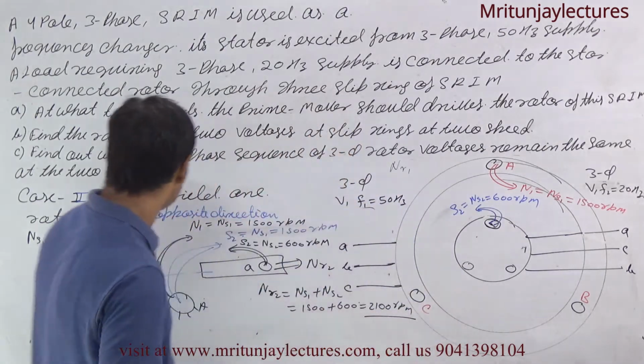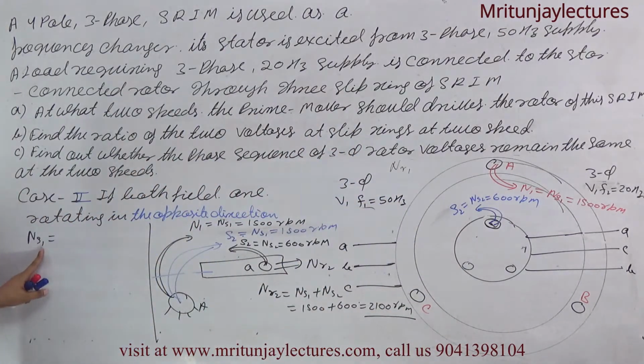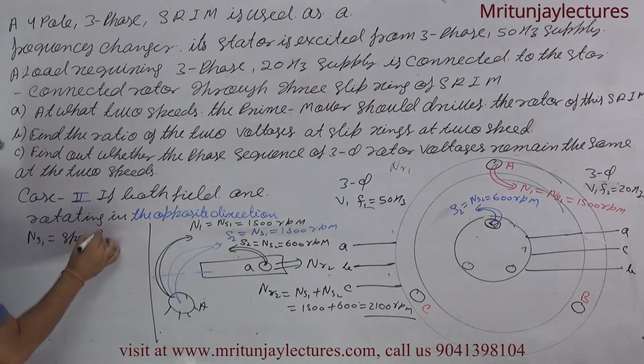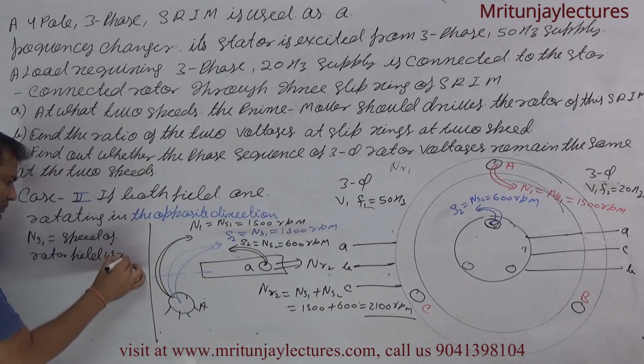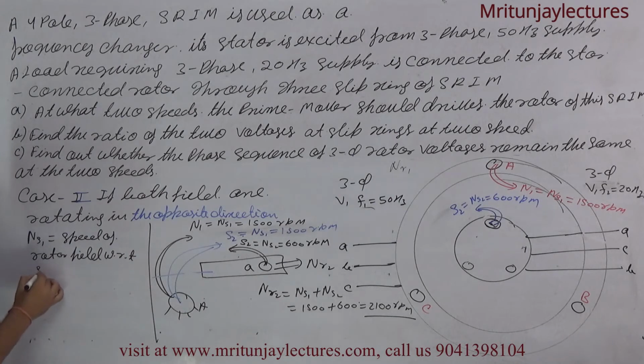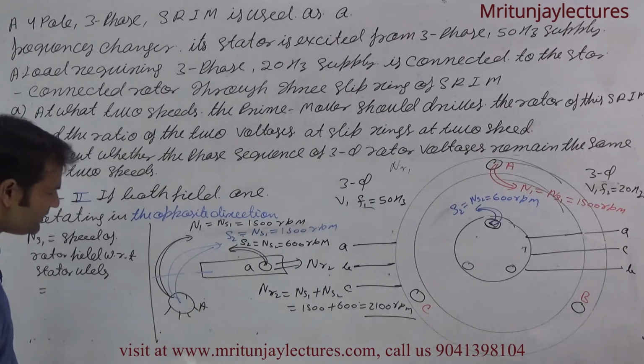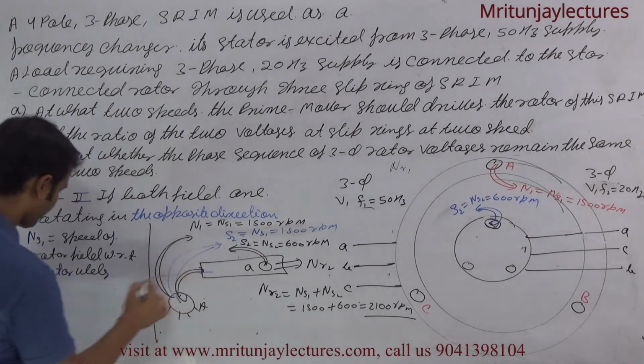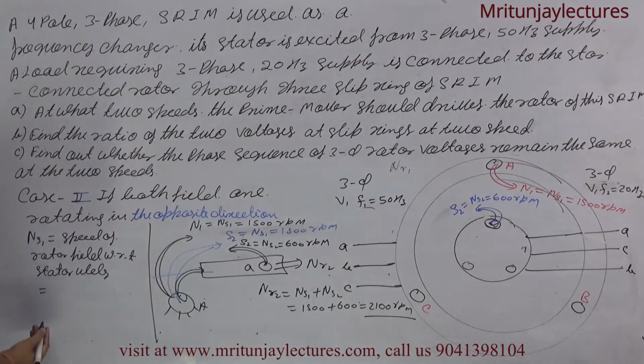So it is written as the speed of the rotor field with respect to the stator winding. Clear? This is equal to the speed of the rotor winding with respect to the stator, that is NR. Clear?